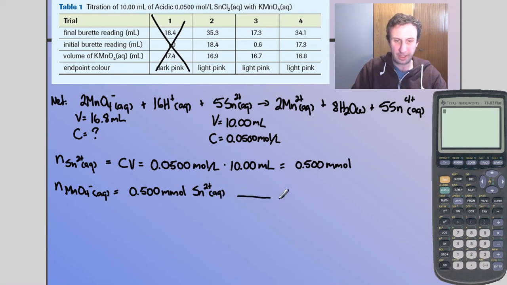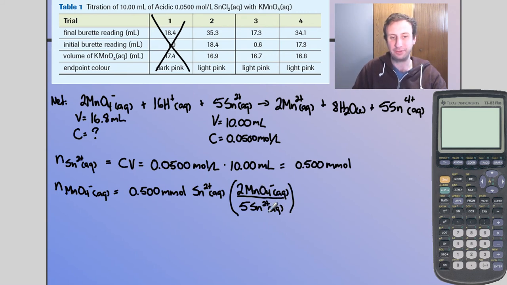And then if I look, I have 2 MnO4 minus and 5 Sn2+. So for my molar ratio, it's always what I'm looking for, which in this case is permanganate, over what I have, which is Sn2+. So I'm multiplying by 2, and then I'm dividing by 5. So this will give me an answer of 0.200 millimoles.